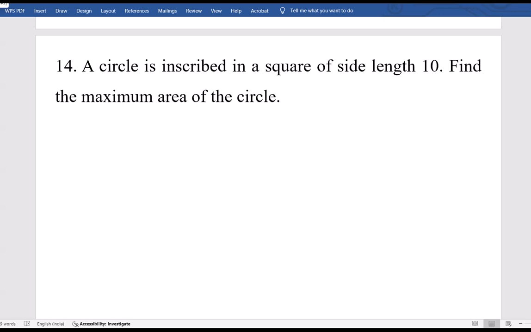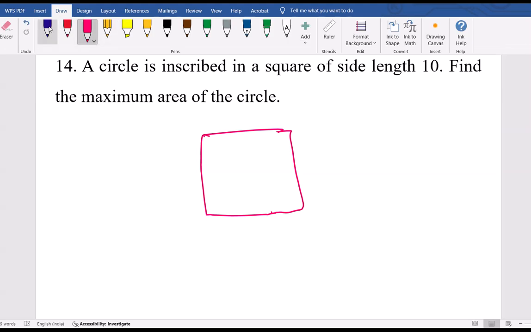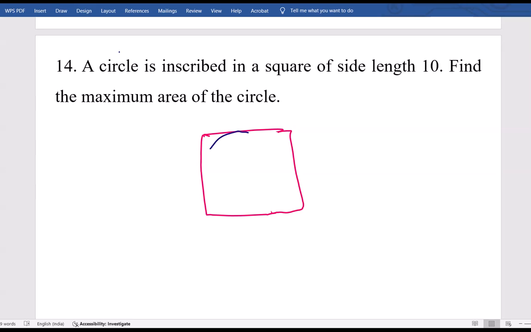What's the answer? 78 point something. Okay. Now, when a circle is inscribed in a square, diameter is nothing but equal to the side of the square. If you want the maximum area, then it should touch like this. Possible when diameter equals side.